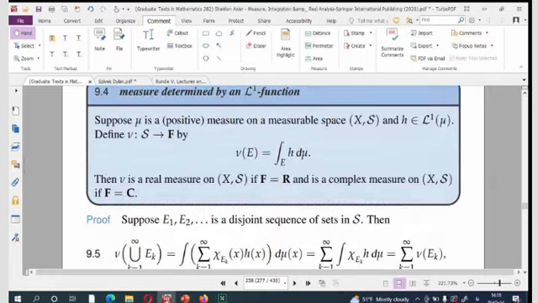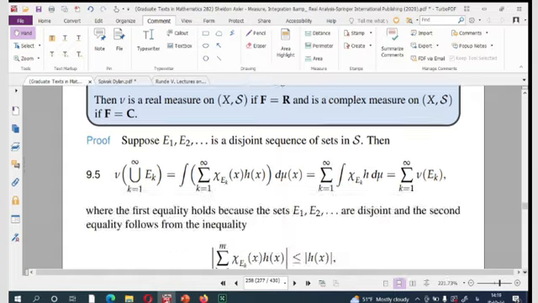Suppose mu is a positive measure on S and h belongs to L1 of mu. We define nu from S to F by this equality: nu of E equals this integral. Then if F equals R, this nu is a real measure, and if F equals the complex numbers, this is a complex measure.